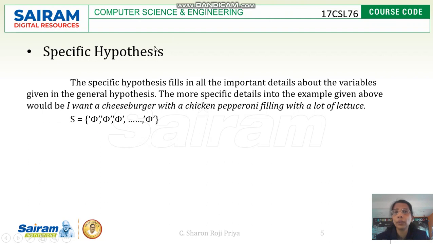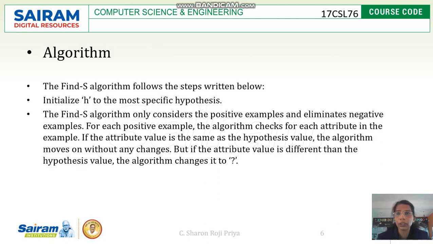For a specific hypothesis, the notation is null. For the same thing, if I want to write a specific hypothesis, I can specify what type of burger I need, like, I want a cheeseburger. That becomes a specific hypothesis.